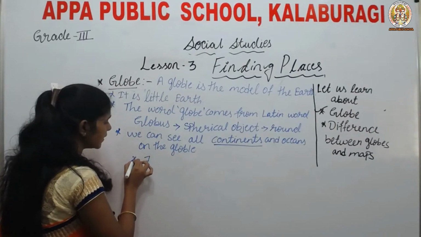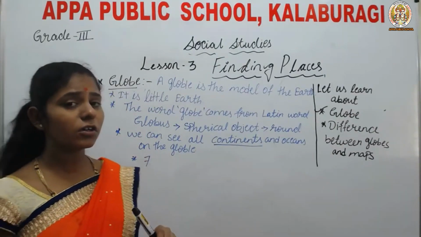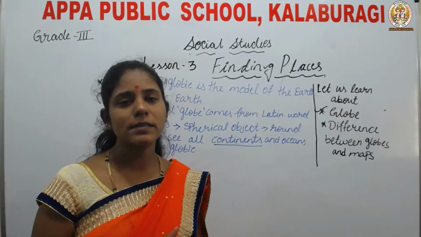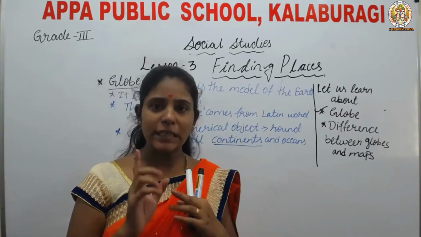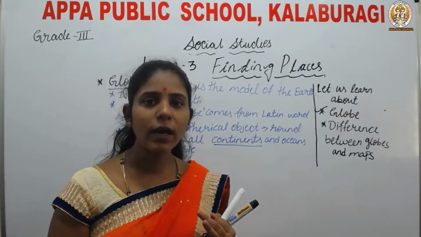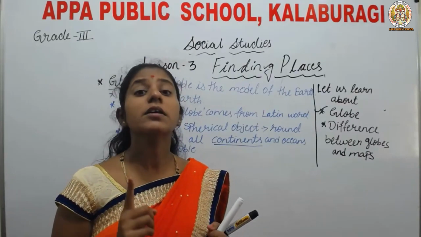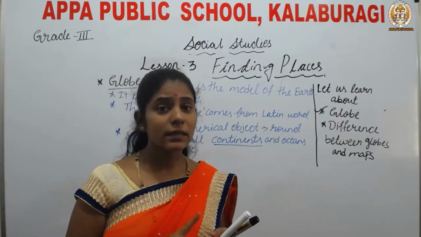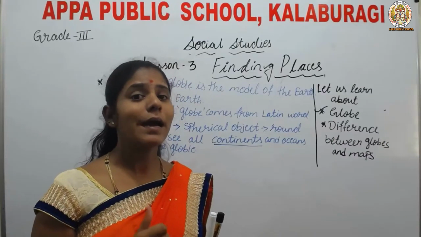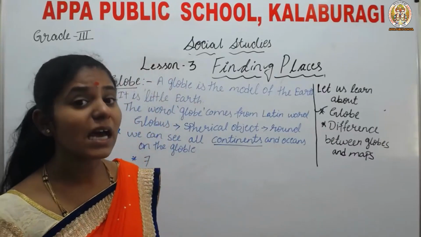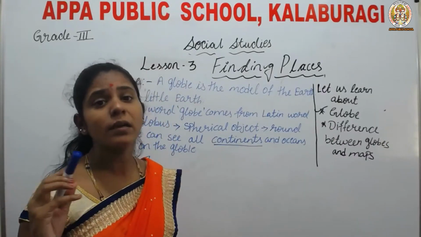How many continents are there? There are 7 continents: Asia, Africa, North America, South America, Antarctica, Europe, and Australia.